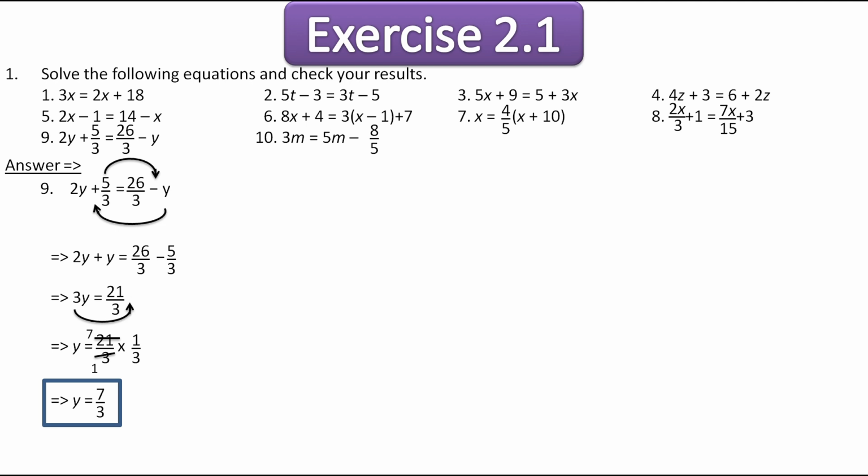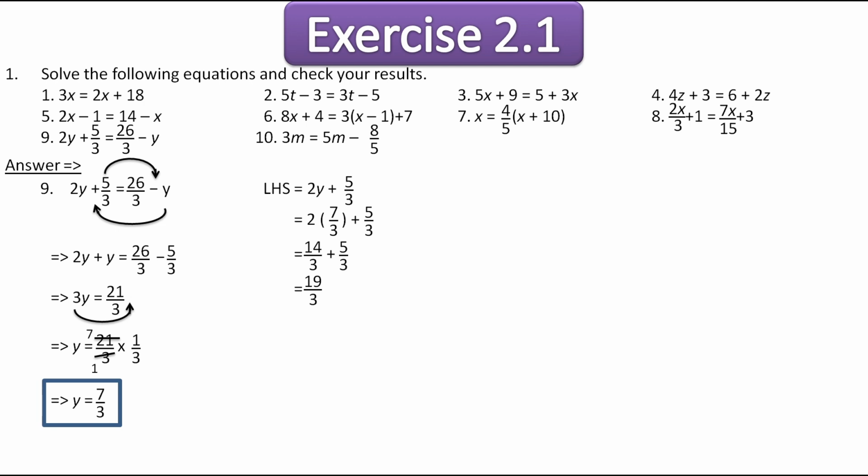That we will put in the LHS part. LHS is what? 2y plus 5 upon 3. So it will become 2 in the bracket 7 upon 3 plus 5 upon 3. So 2 sevens are 14 upon 3 plus 5 upon 3. Now as the denominators are same, we will directly add 14 plus 5, which is equal to 19 upon 3 is the LHS answer.